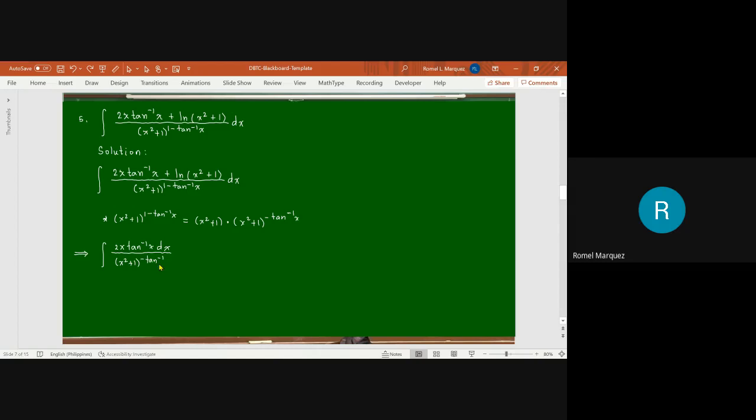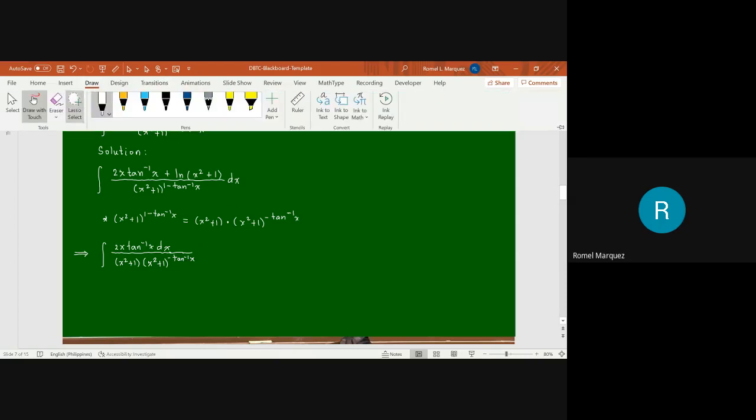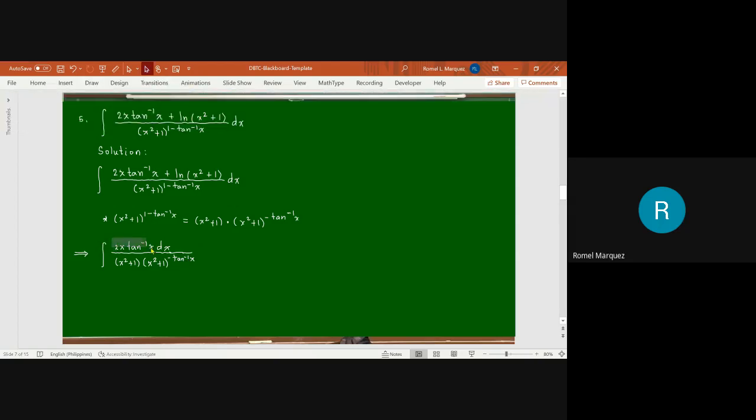I haven't cancelled anything yet. Let's see if this will work. Let me get the numerator. And then the second integral, plus integral of ln over.